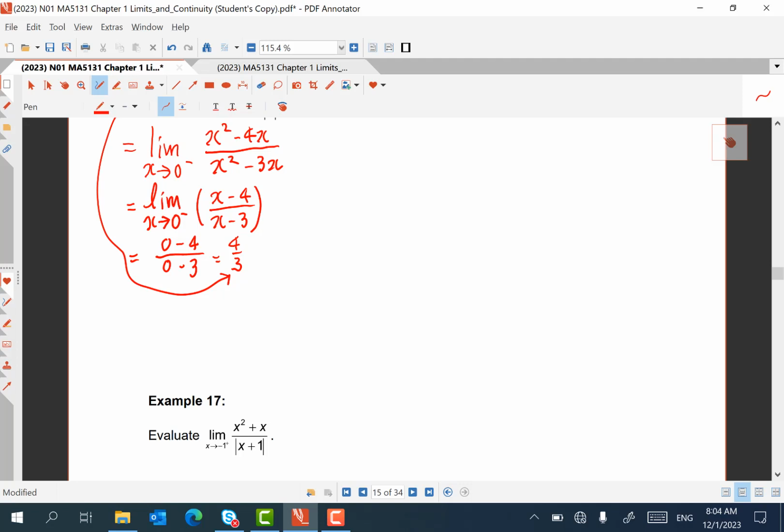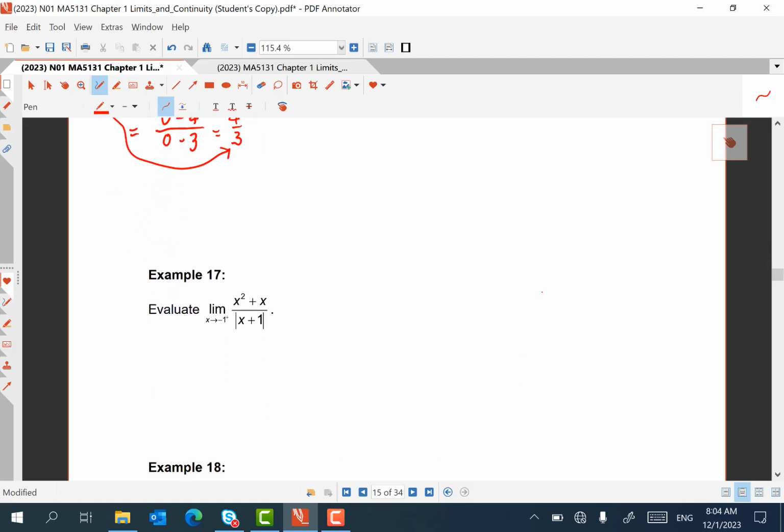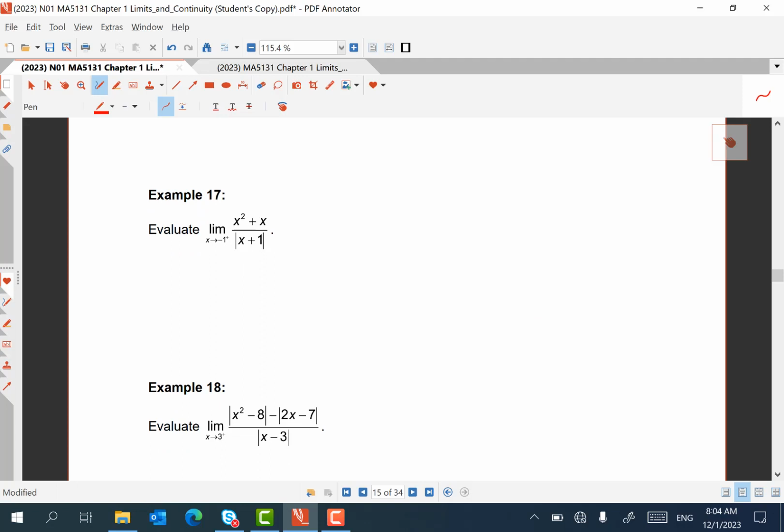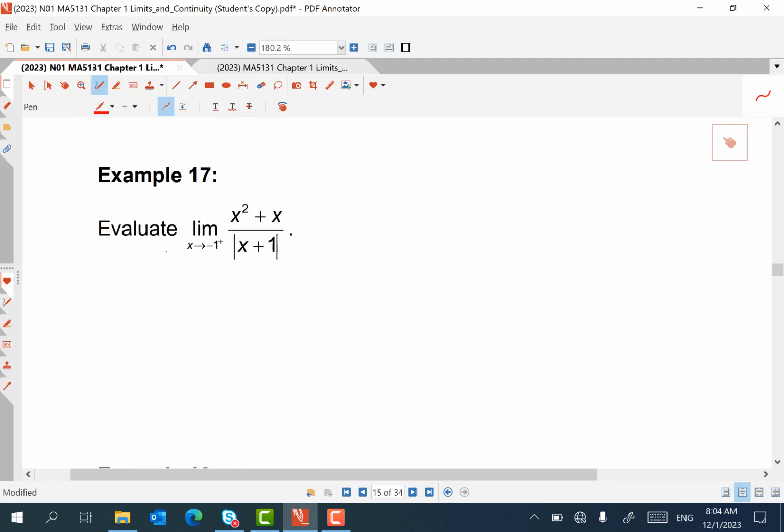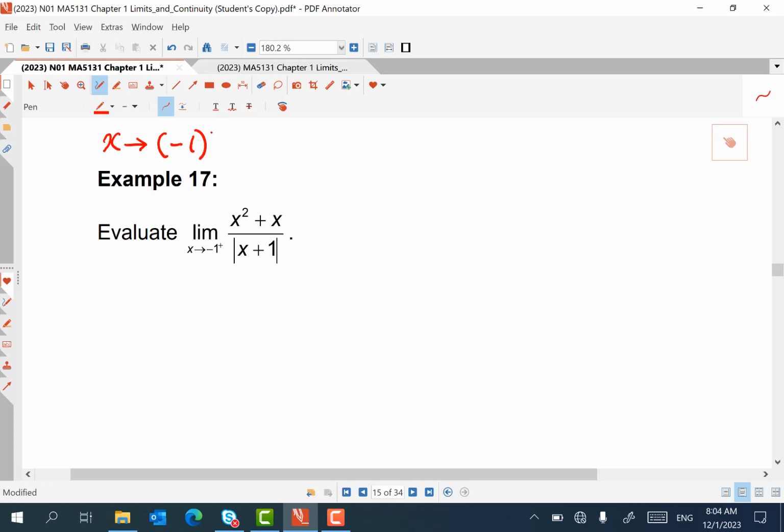Okay, for those who have not tried 17, you can try 17 now. For question 17, I would suggest that this part here, I actually prefer that you write what x tends towards.